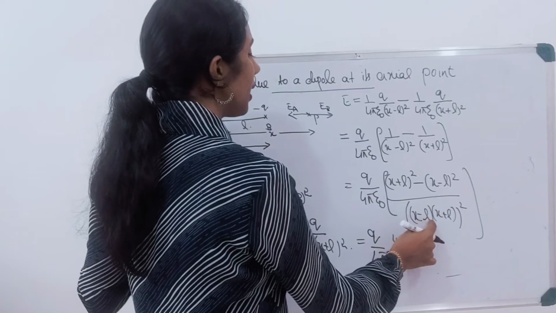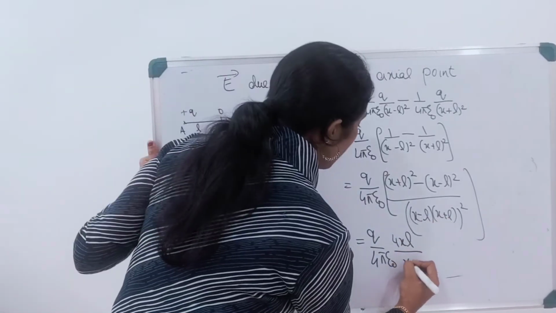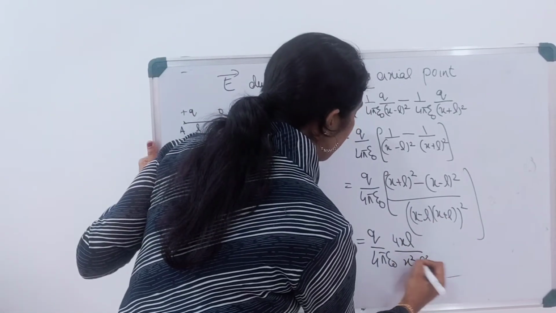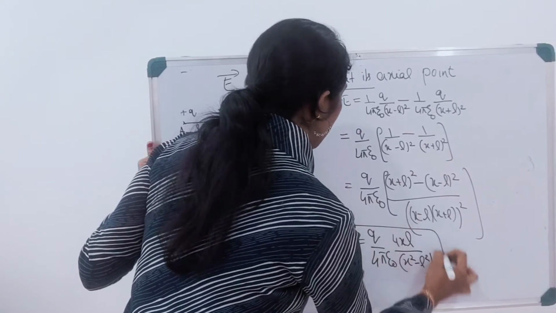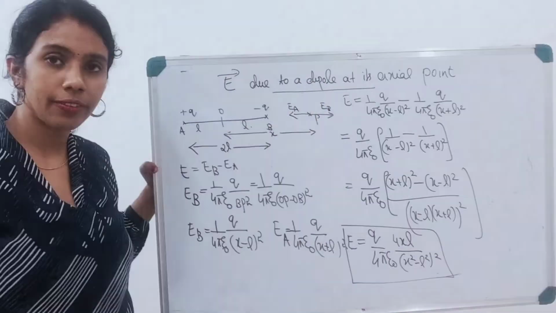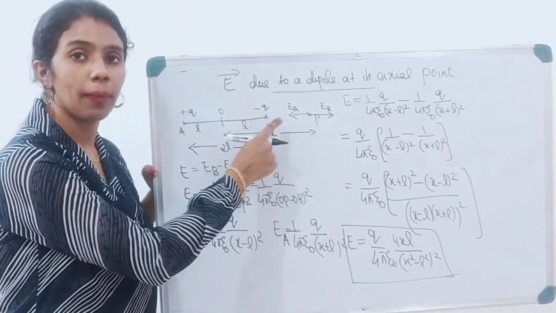So x minus L into x plus L is x square minus L square, the whole square. So this is the expression for equivalent electric field at the point P.